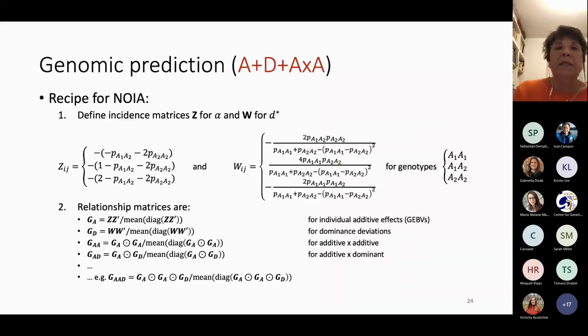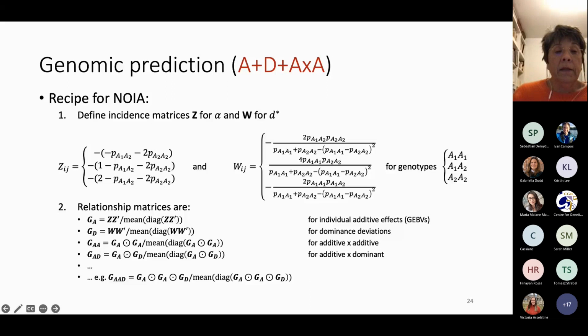Okay, now this is the recipe. The first thing that we have to do is to define the incidence matrices. So we will define S, that is here, and as you see, we don't use allelic frequency, we use the genotypic frequencies. S is for the substitution effect, for the additive part, and W is for the dominant part. So you have the definition of W here, and then you have the definition of the different relationship matrices.